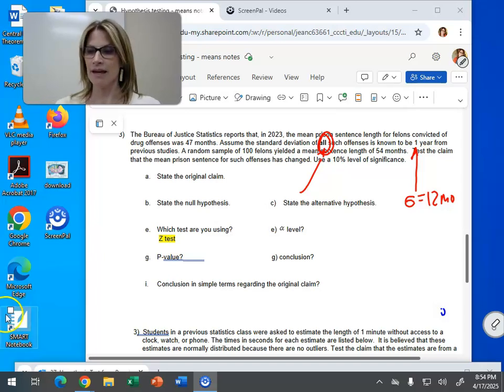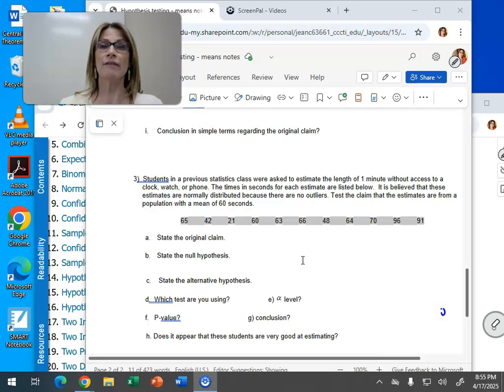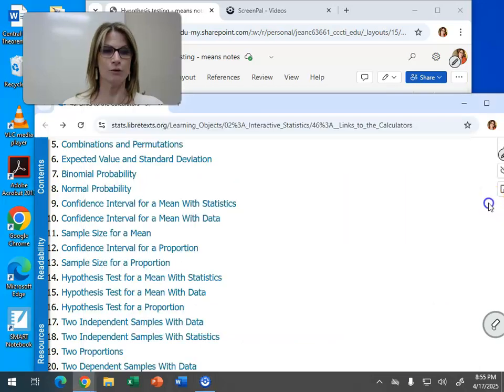Okay, and if you have data, look at this last problem. So if we have data, you don't have to go through and find your standard deviation first and your mean first. You can just go through and enter your data. So this is the calculator that you would use there. Hypothesis test for a mean with data.